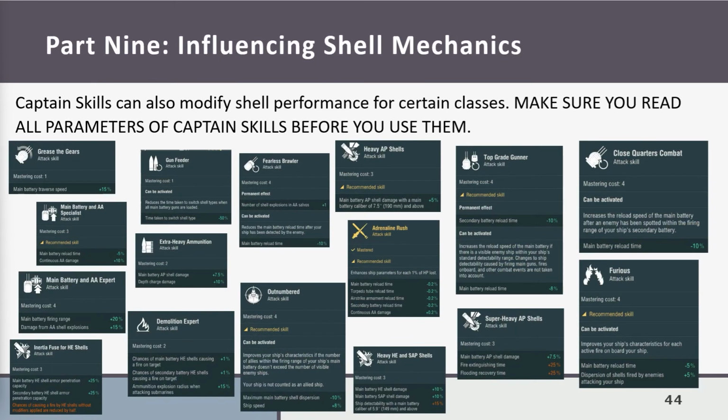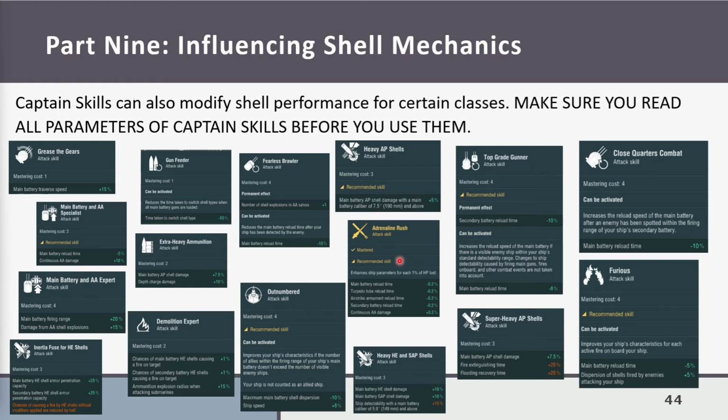This is a list of captain skills, but captain skills can also change the ability of what your ship can do. So, for example, as I mentioned earlier, you can put heavy HE and SAP shells on Austin to improve the damage of both the shell types, and that's great. But keep in mind, it's going to change the detectability of the ship a little bit here.